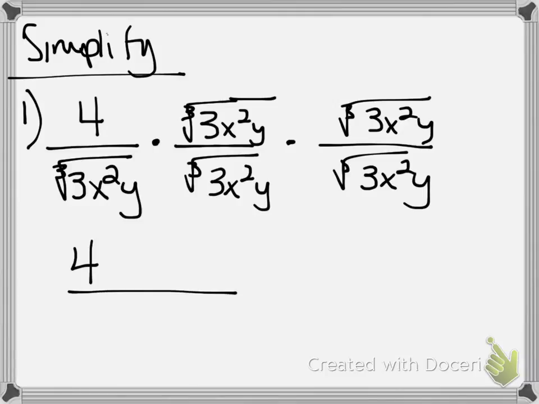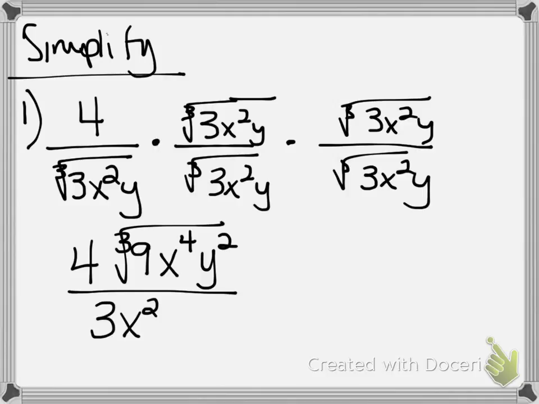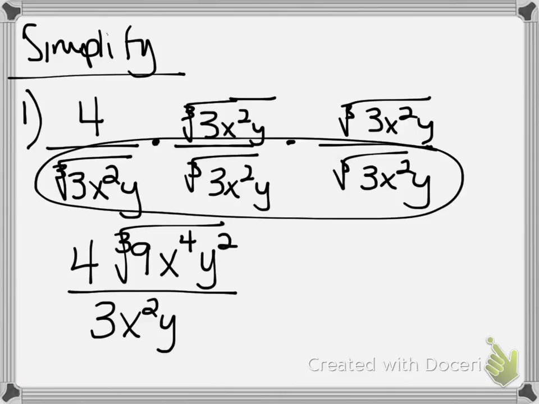The 4 doesn't combine with anything because it's not in a root. And then I'm going to have the cube root, and 3 times 3 is 9. X squared times x squared, 2 plus 2 is 4. And then y times y, 1 plus 1 is 2. And then my denominator is just going to be 3x squared y. Because again, I had a cube root and I had it 3 times.